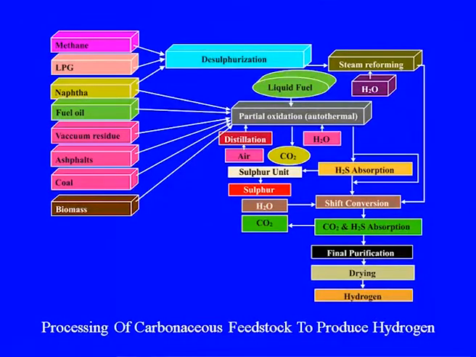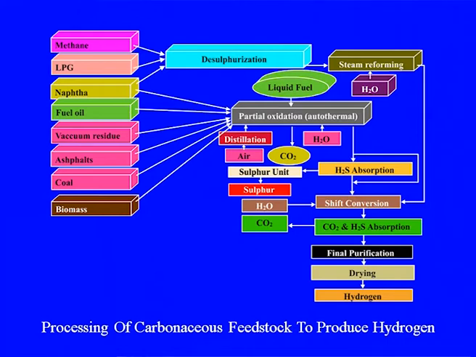So, what is happening, from the partial oxidation we are getting the gases, then it is going for the steam reforming, as I told you before. Here also the H2S removal is there, before it goes to the desulfurization process, then it will go to steam reforming.